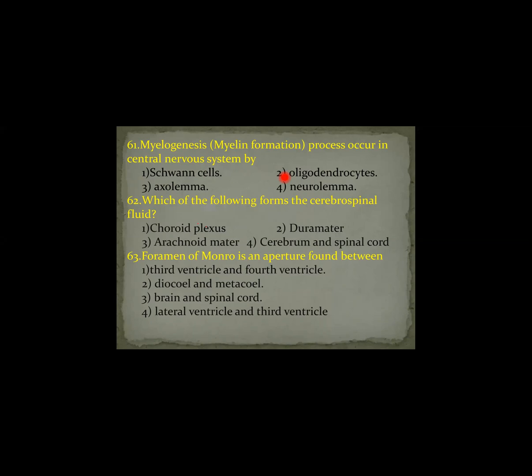Next question number 62. Which of the following forms the cerebrospinal fluid? The watery fluid present in the cavities of the brain and subarachnoid space is called cerebrospinal fluid. This cerebrospinal fluid is secreted from the choroid plexus. There are two choroid plexuses in the human brain.